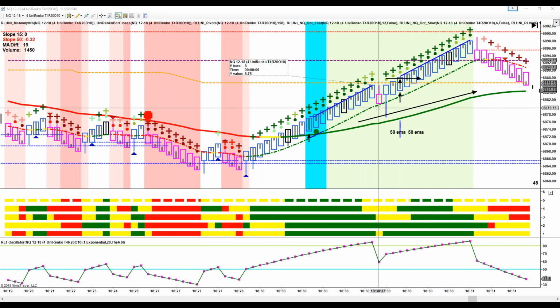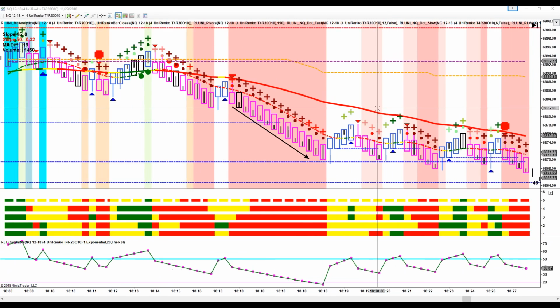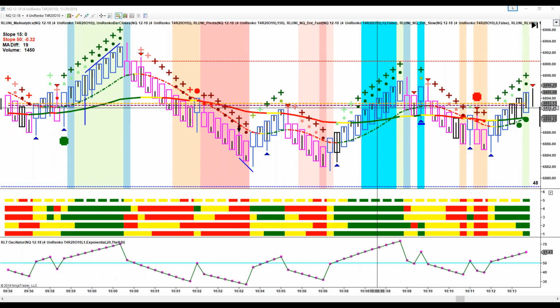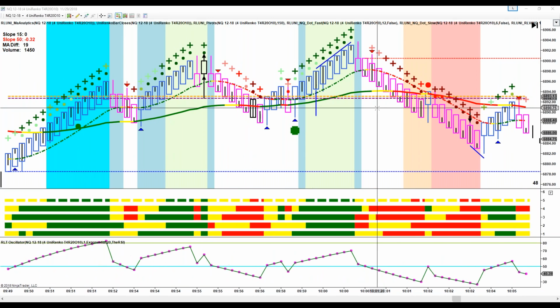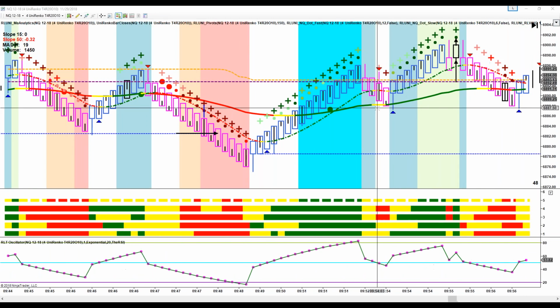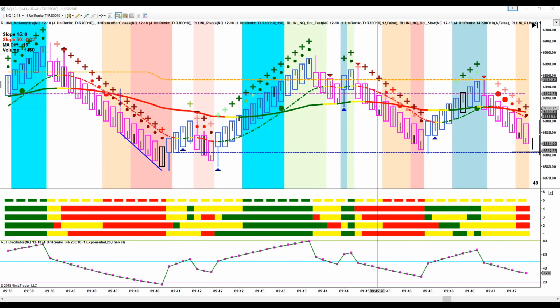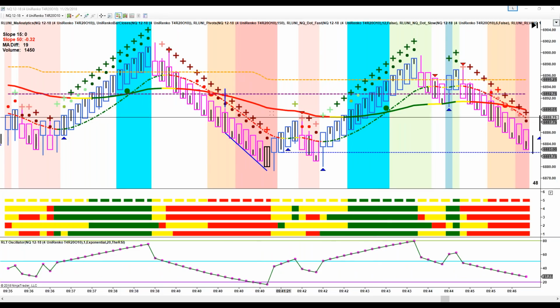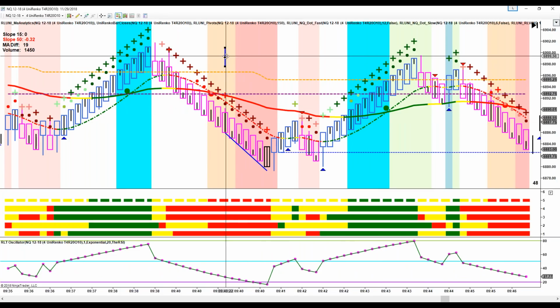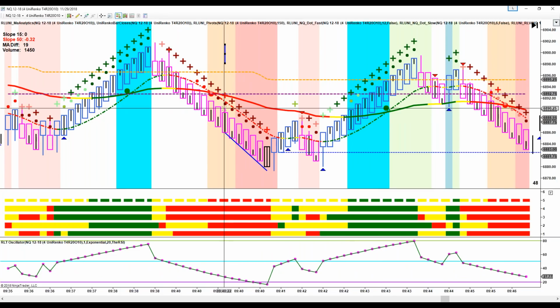The only thing you're going to see is the actual wicks, like this wick right here, but all the internal wicks will not be there.